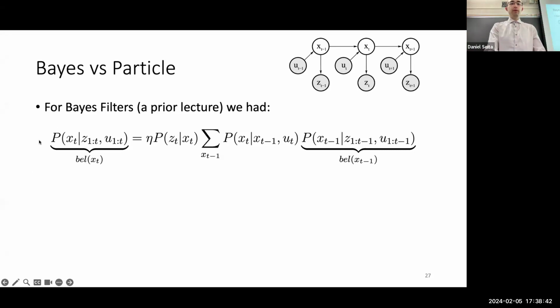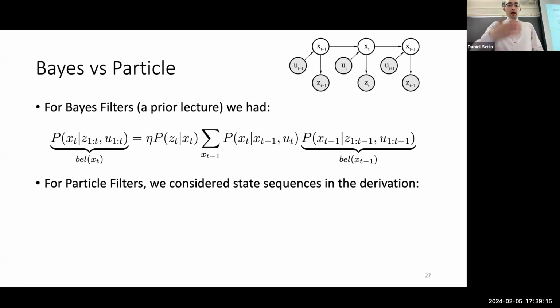You had our current belief, which is equal to the weighted distribution of all the prior beliefs multiplied by all the ways that you could have gotten to the current belief from the prior state. I think that's one way to think about this: what are all the ways that you could have gotten from a prior state to the current one? By prior, I mean x_{t-1}. The current one is x_t.